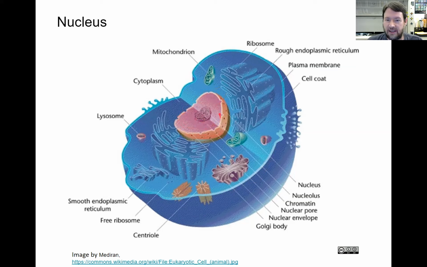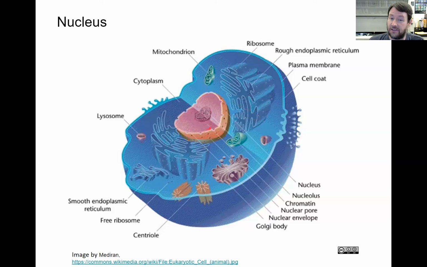So this has the instructions for the cell. It's kind of the control center for the cell. The DNA is essentially just instructions on how and when to build proteins. And then those instructions can get copied and sent to other parts of the cell for those proteins to be made.